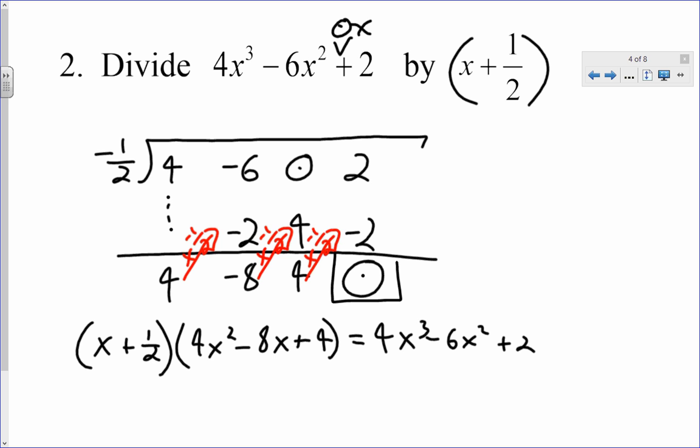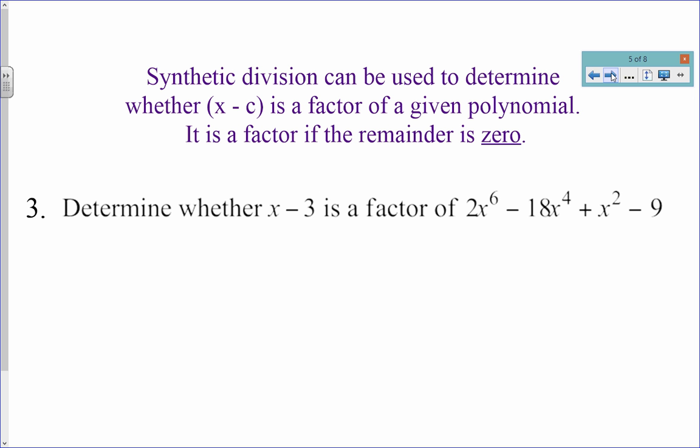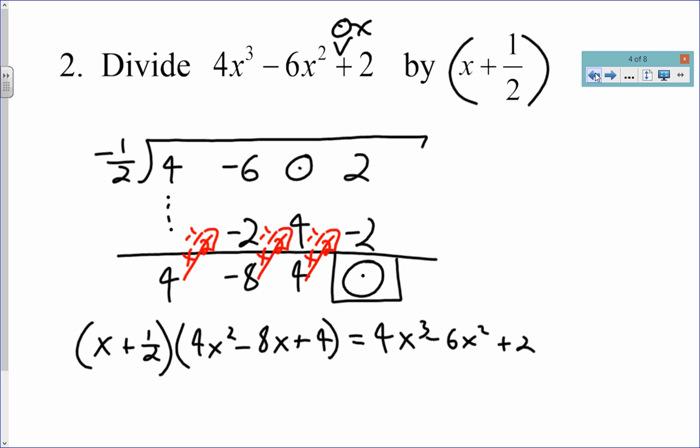I didn't have to add a remainder because it was 0. So we'll see here that if you get a remainder of 0, that can tell you that your term is a factor of that given polynomial. So we know that x plus 1/2 is a factor of this polynomial, 4x cubed minus 6x squared plus 2.